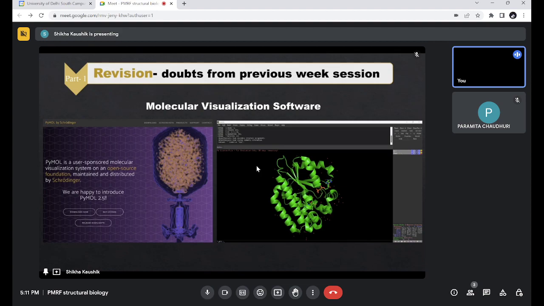So there are so many things that you can do through these visualization software, and they are very important when we are talking about molecular dynamics, or molecular simulations, or molecular docking.